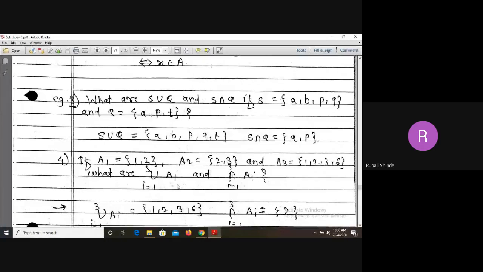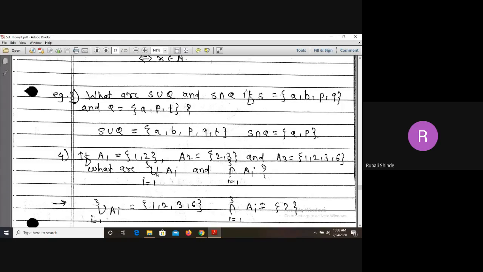Here we have to find the union of Ai such that i is from 1 to 3, meaning we have to take the union of A1, A2 and A3. Again, the intersection of Ai such that i is from 1 to 3, so we have to take the intersection of A1, A2 and A3. First we will solve for the union operation. So again, union of these three means what?